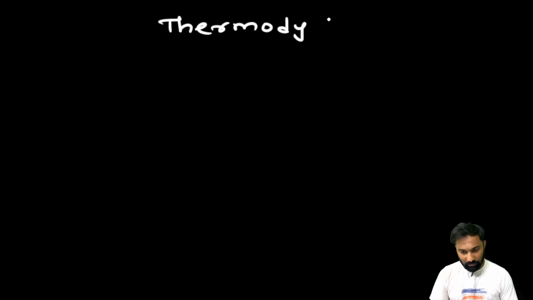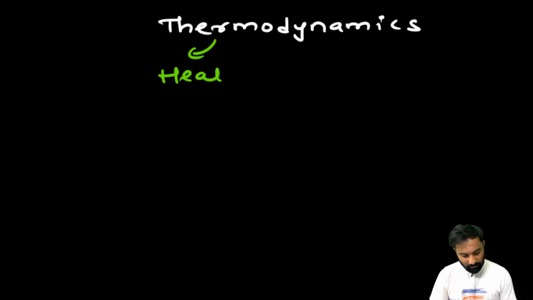Now the chapter we are going to start is thermodynamics. Now what is the definition of thermodynamics? Thermo means heat and dynamics means motion, that is, where the heat flows.